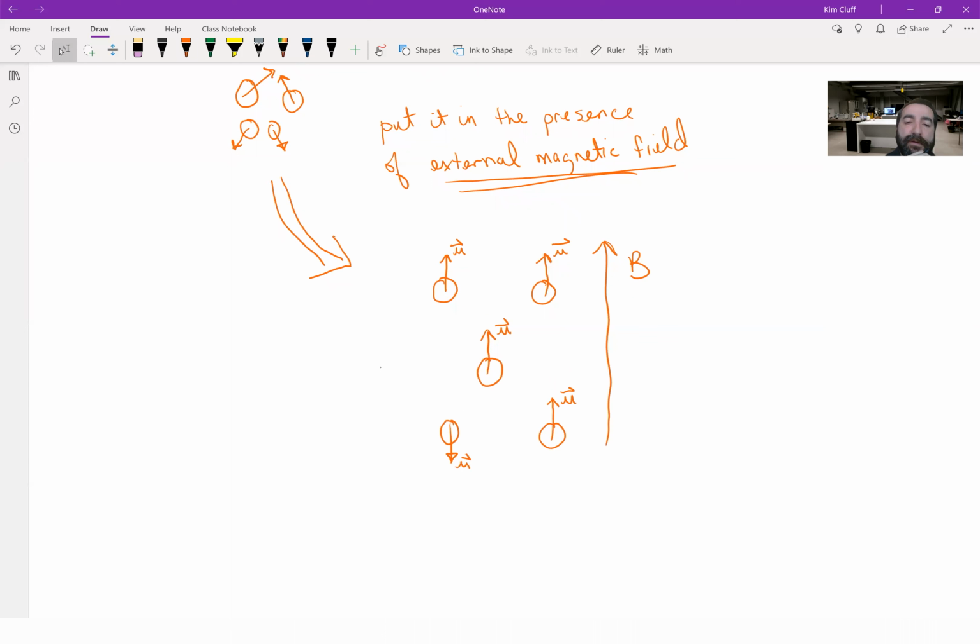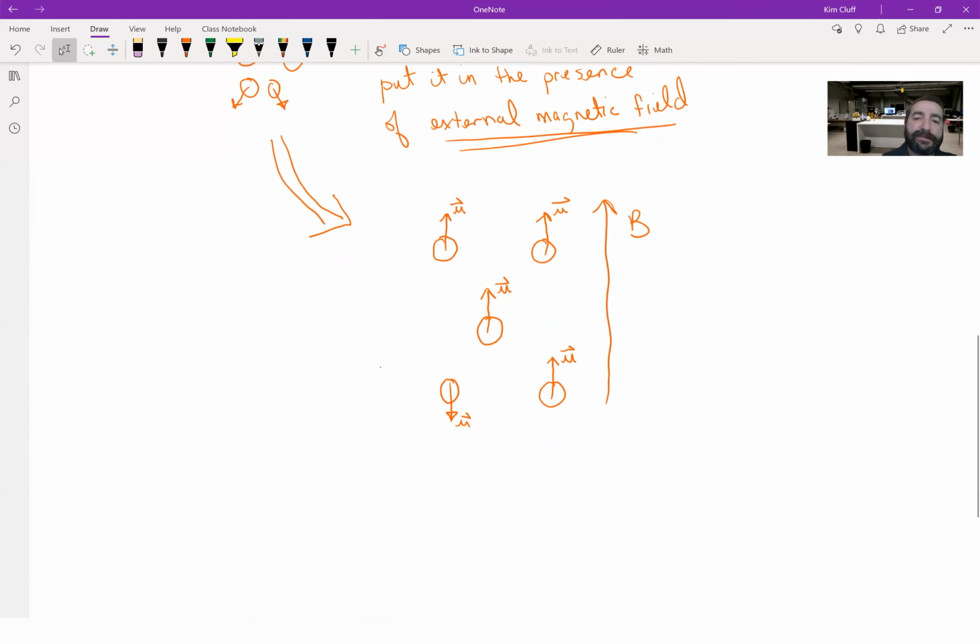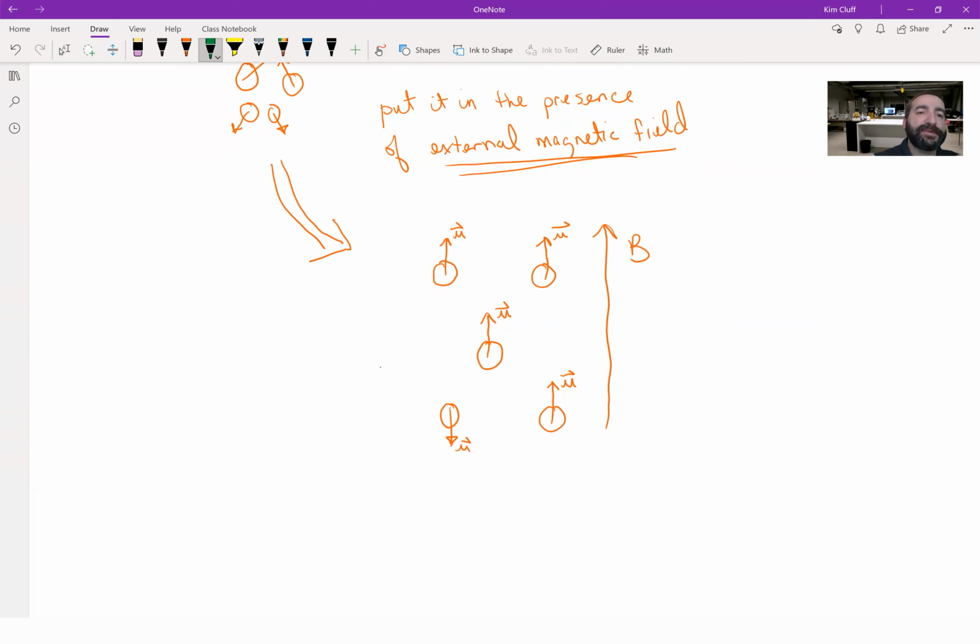Another thing that happens as you put these hydrogen atoms in the presence of a strong external magnetic field and they align, they also do something called precession. So let's talk about what precession is. If you recall, all of these atoms are spinning, so they have some angular momentum.